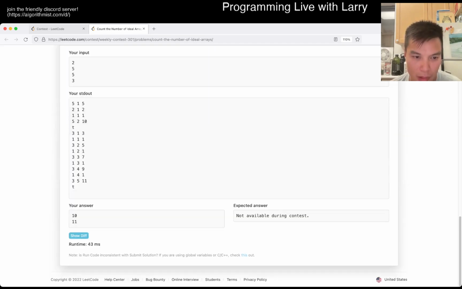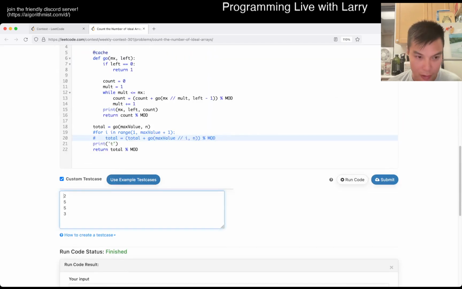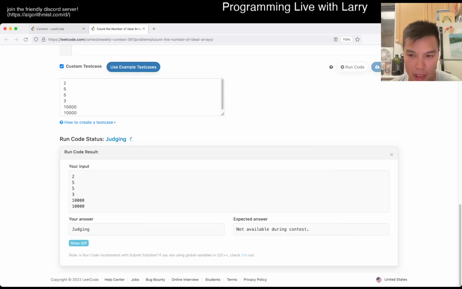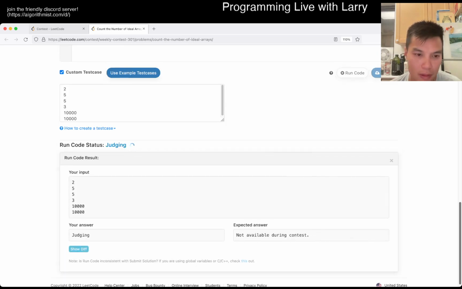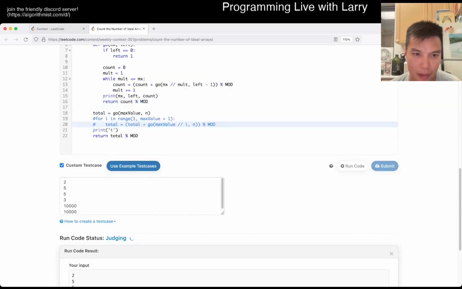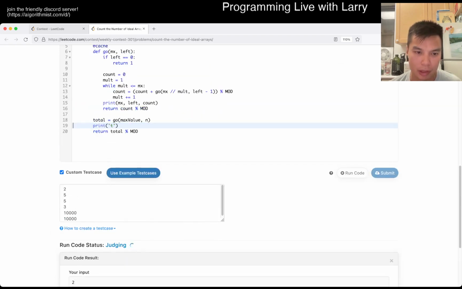Okay, so now this is right, but is it fast enough? Might still not be, but at least I have the idea, and then now we can see if we can optimize this part. Okay, still too slow.